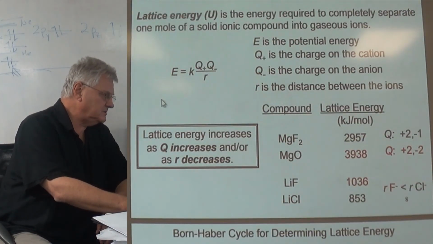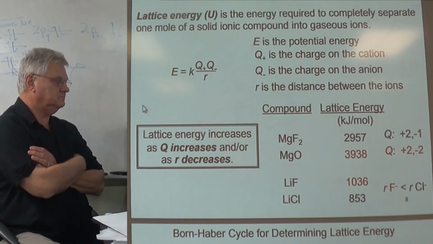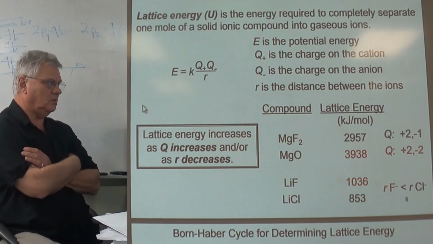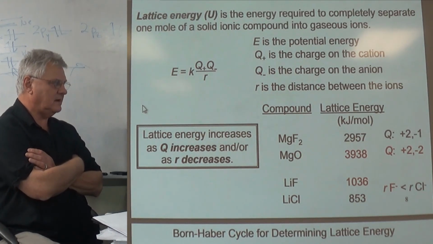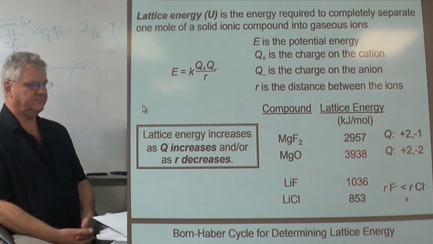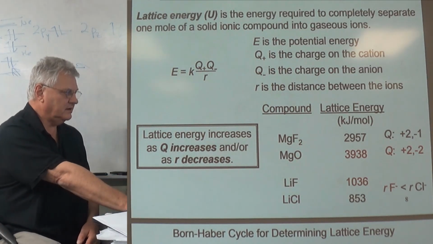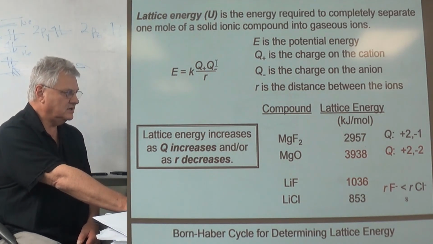Now here it mentions a lattice energy, and this is the energy required to completely separate 1 mole of a solid ionic compound into gaseous ions. And this is kind of a classical equation from electricity and magnetism, but the potential energy here is equal to a constant times the magnitude of the charges on the cation and anion as integers, and then r is the distance between the ions.